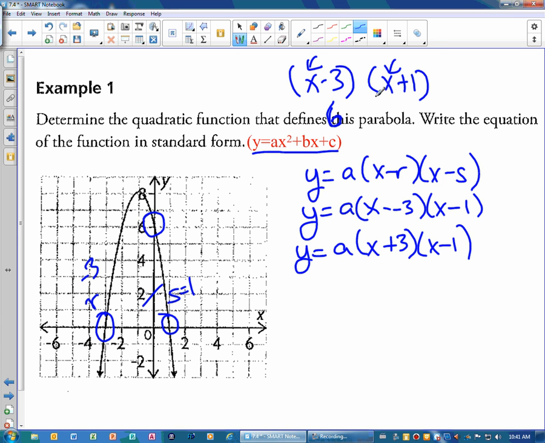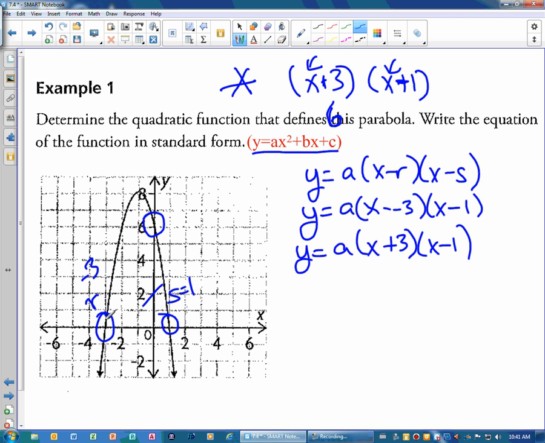If I plug in a 1, it's not going to make it 0. That's why the sign always has to be opposite of the number in the bracket. That's why it's x minus 1. Because that 1, if I plug it in, will make that bracket 0. Because I'm looking for my x-intercepts where y is 0. So make a note of that to yourself. It always is the opposite of what the intercepts are.